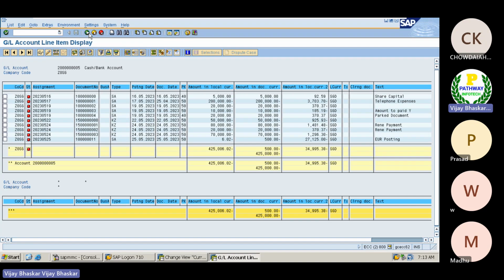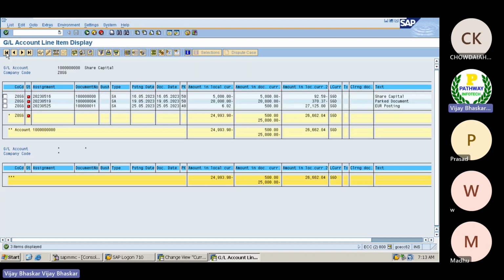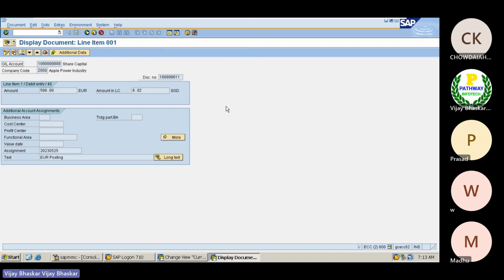Okay, let me give another account, so here we will have clear visibility. Now you can see these are the transactions which are posted. This is the one we have posted. Other than this, there are transactions which are posted to other GL accounts.